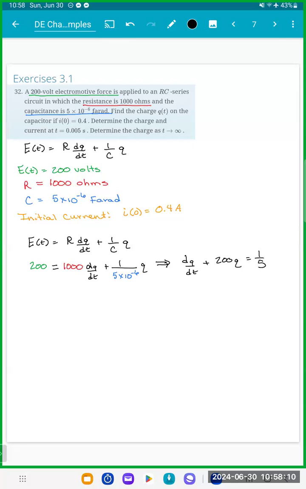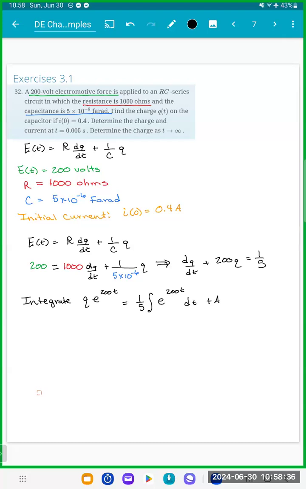Okay. Now if we want to integrate these, right? So if we integrate, we're going to get q times e to the 200t is equal to 1/5 the integral e to the 200t dt plus a. Okay.